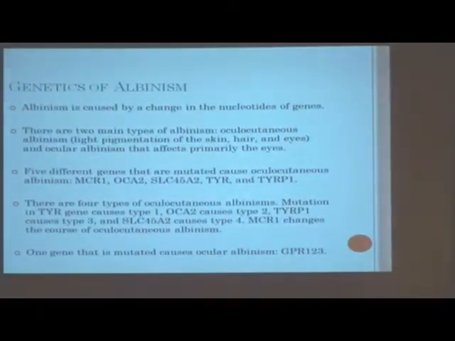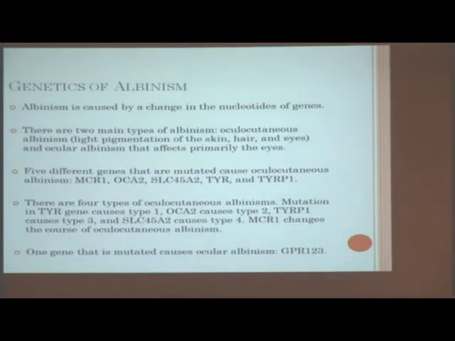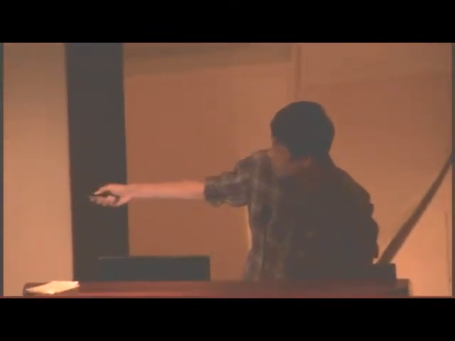Albinism is caused by a change in the nucleotides of genes. There are 2 main types of albinism: oculocutaneous albinism, which contributes to light pigmentation of the skin, hair, and the eyes, and ocular albinism that affects primarily the eyes. 5 different genes that are mutated cause oculocutaneous albinism: MC1R, OCA2, SLC45A2, TYR, and TYRP1.